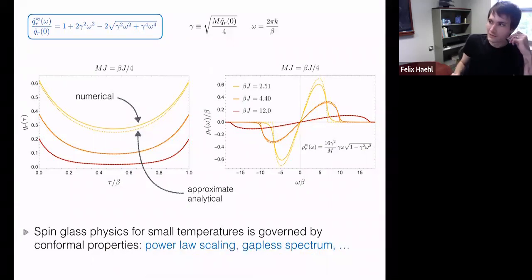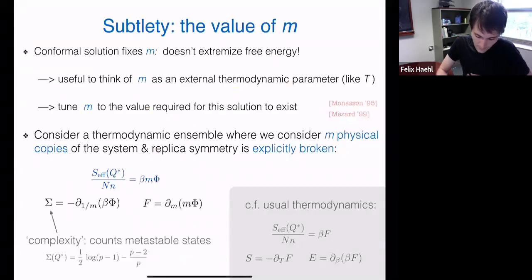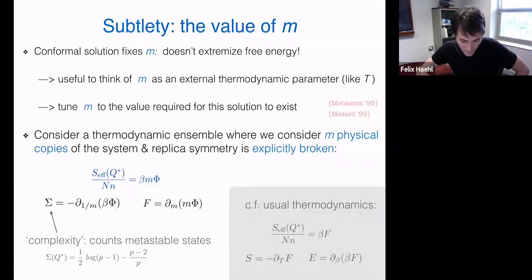Okay, so the fact that we have this approximate solution, and in particular the conformal limit of it, means that we have various properties of these reparameterization invariant systems. Now there was this subtlety about m, about the size of these blocks. I think I should speed up a bit, but let me mention briefly that this conformal solution that I just described, if you compute it, just gives you a value for m without solving an equation.